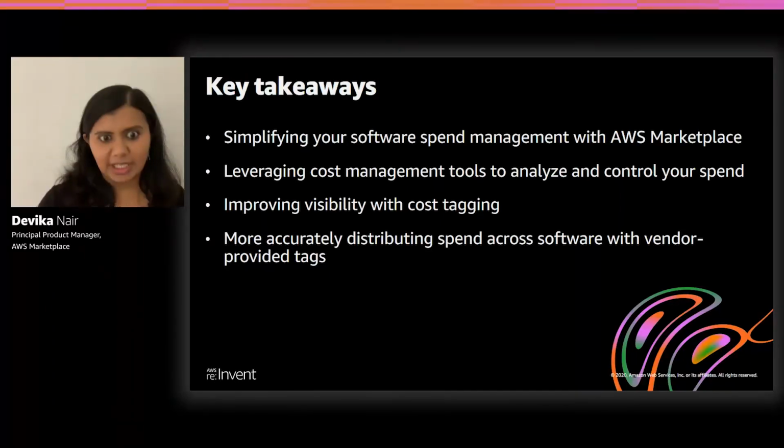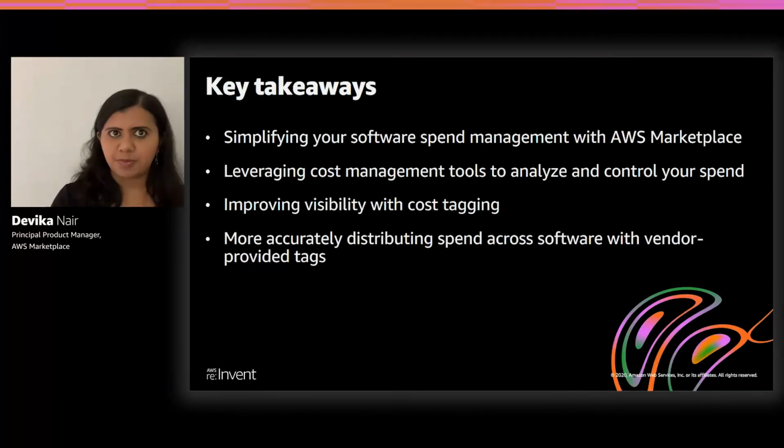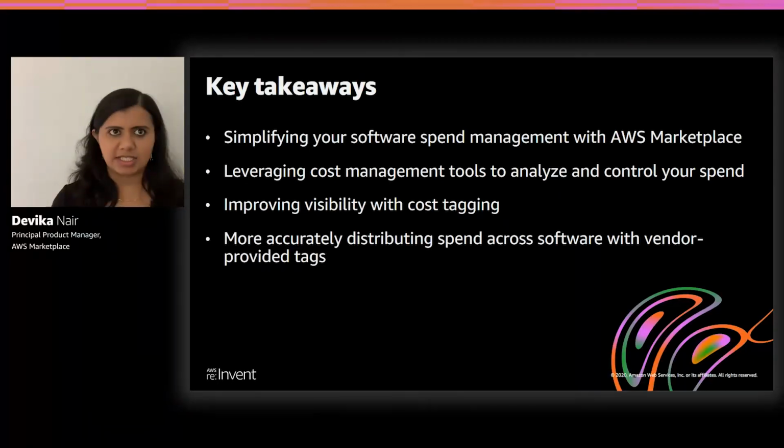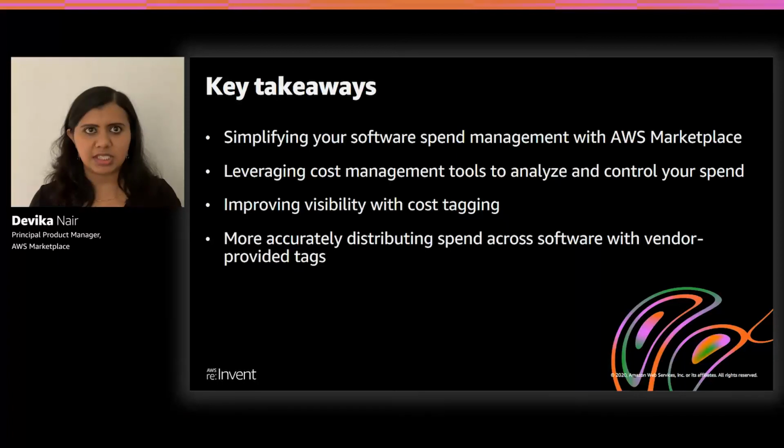So let's see what we learned today. We spoke about how you can use AWS Marketplace to view and analyze all of your software costs in a centralized manner. We also spoke about new features like the ability to pay in different currencies.